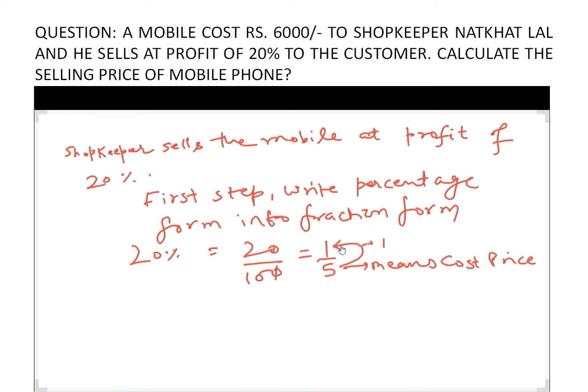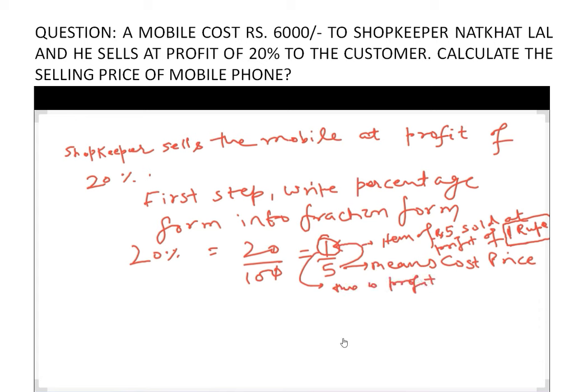We are selling an item of 5 rupees with a profit of 1 rupee. Then the selling price will be 6 by 5 of the cost price. So we will multiply 6 by 5 with 6,000. We will get the selling price of the mobile phone.